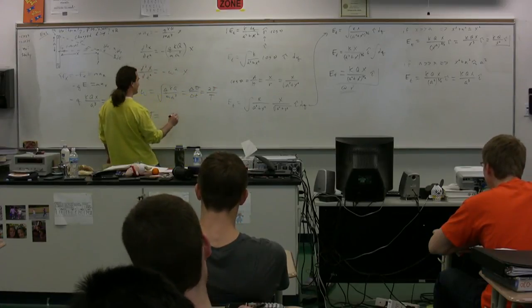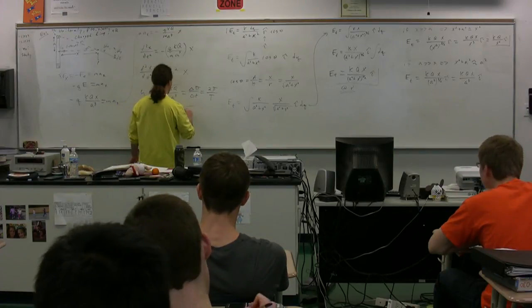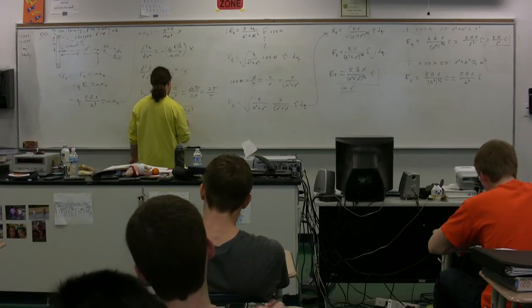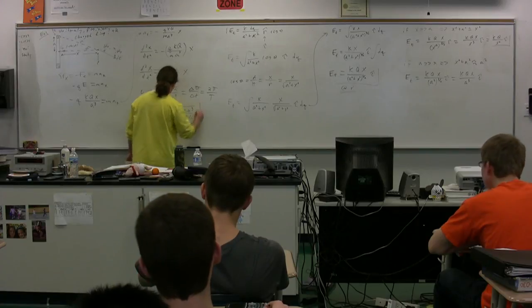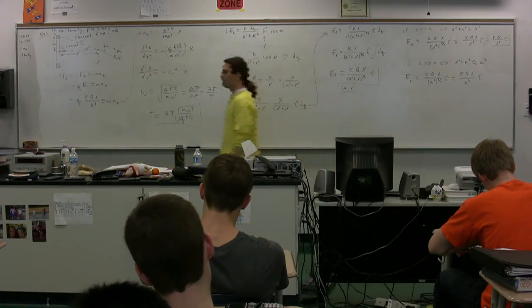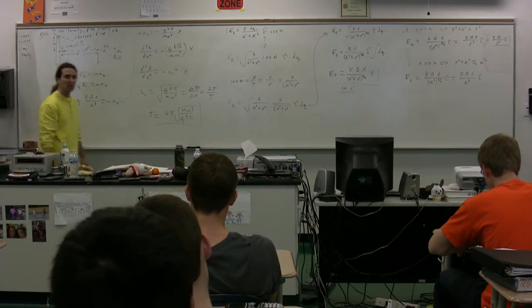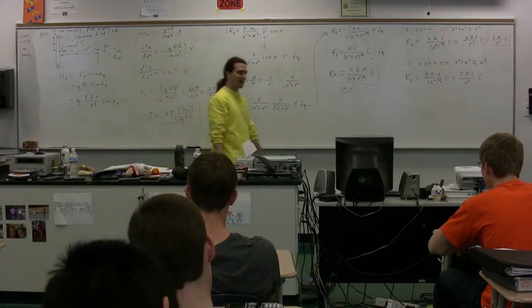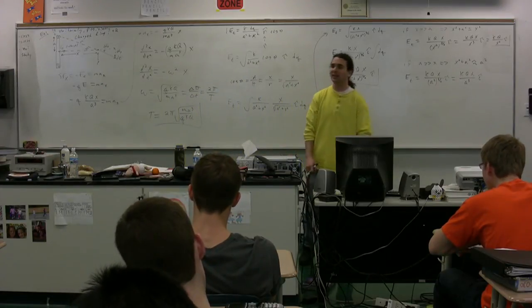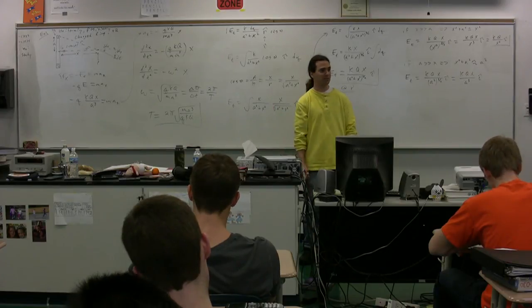Therefore, the period is equal to 2 pi times the square root of m a cubed divided by q k big Q. If you were to place a negatively charged point charge along the axis of a uniformly positively charged ring, it will go back and forth in simple harmonic motion, and we just figured out the period of that motion.